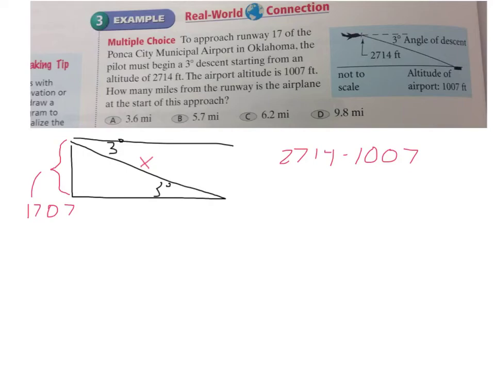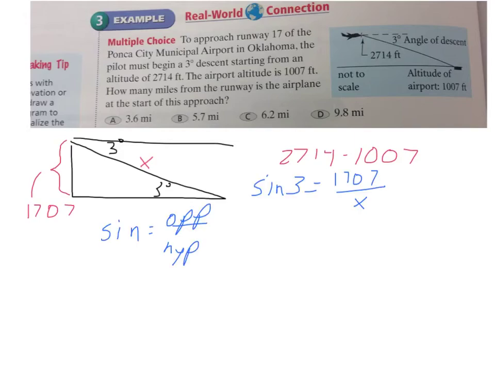Alright, now we've got to set up an equation using our trig functions. As we remember, sine is opposite over hypotenuse, so we're going to say the sine of 3 degrees equals 1,707 over x.